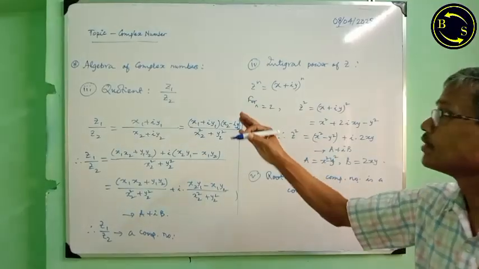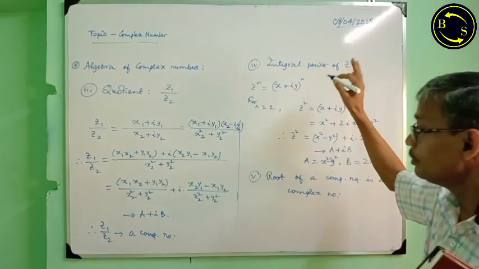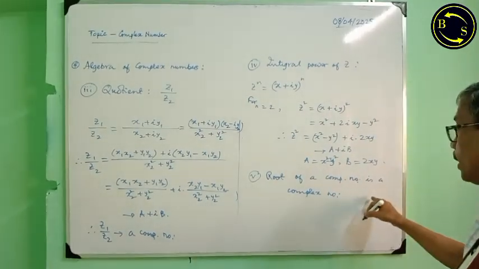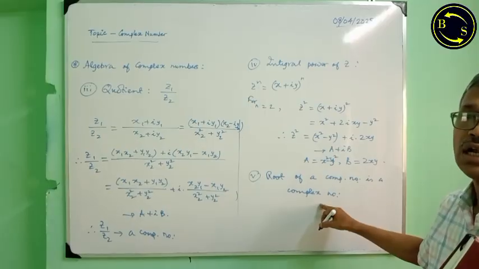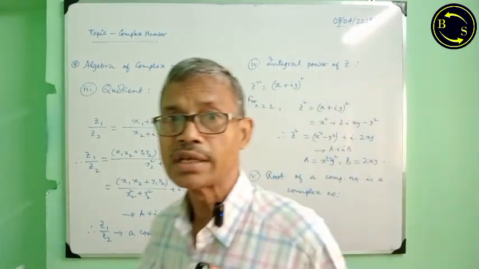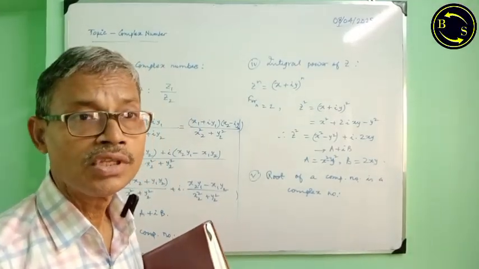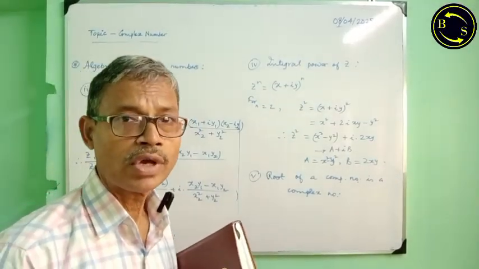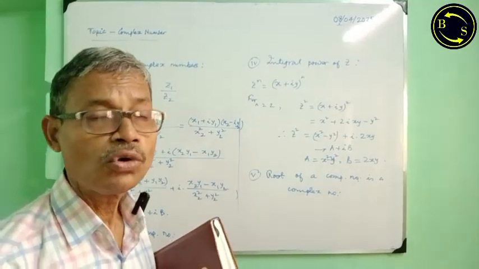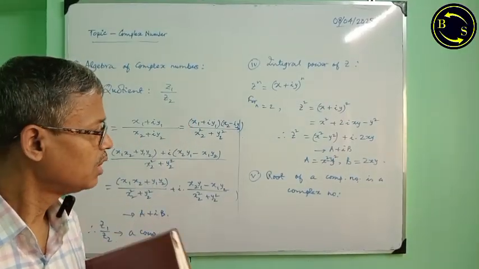I have discussed here under the heading algebra of complex numbers. These are also called properties of complex number, root of a complex number. In the next episode, I shall take sums of which we will extract square root, also in some cases cube root, so that the newly formed number will be a complex number.